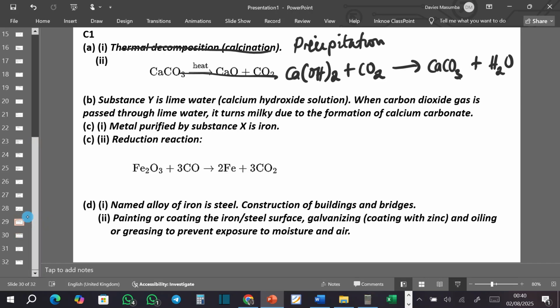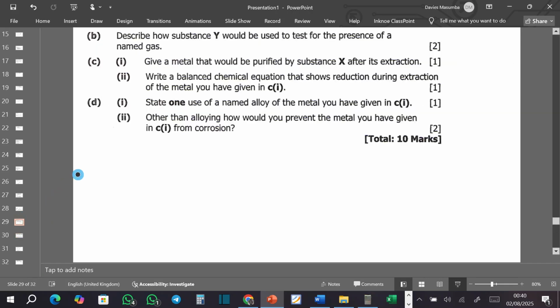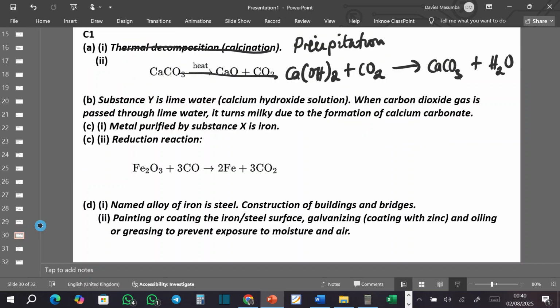Then we go to the other question, which is C1. Give a metal that would be purified by substance X after its extraction. So substance X, remember, is limestone. So limestone is used in the extraction of which metal? Iron. So in answering C1, the metal purified by substance X is iron.